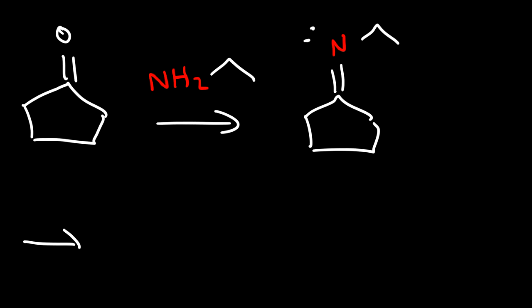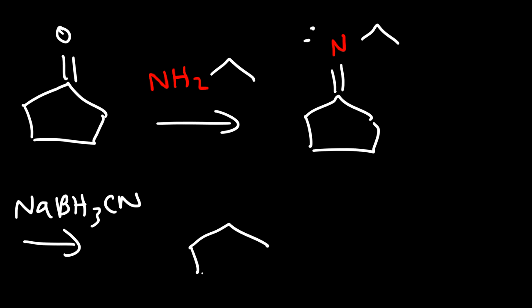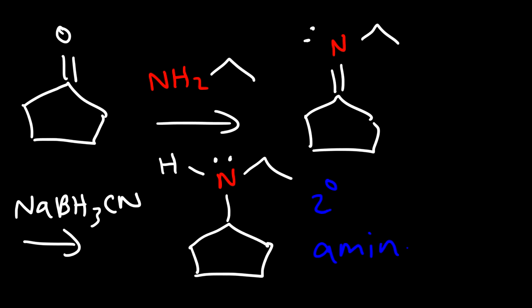And now once we reduce it with sodium cyanoborohydride, this is going to turn into a secondary amine. The double bond will be reduced into a single bond, and we're still going to have the ethyl group attached to it, but now we're going to have a hydrogen and a lone pair. So that's how we can make a secondary amine, by using reductive amination. So to make the secondary amine, react the aldehyde or ketone with a primary amine.